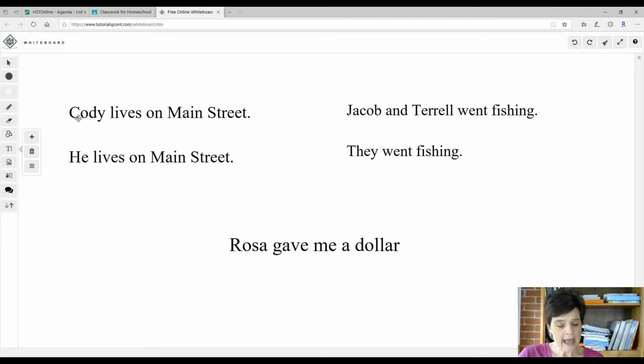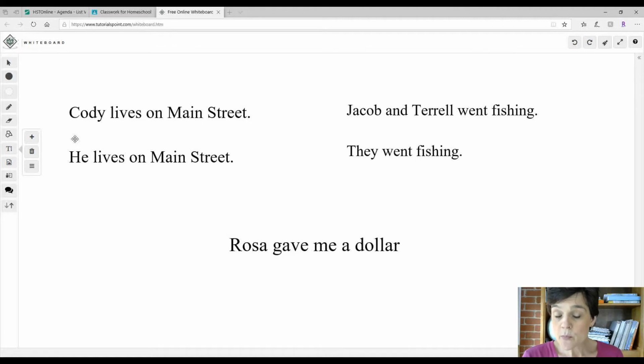Now, let's look at our page at the very top. You see the picture of the waterfall, Victoria Falls? Look right above that, and there are two little purple boxes. One says singular pronouns and one says plural. Look in the box that says singular pronouns: I, he, me, she, her, it, and you.